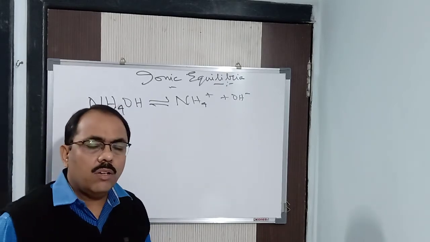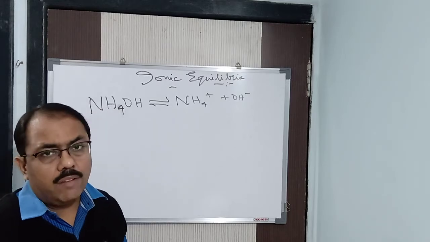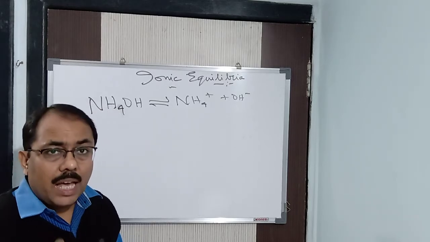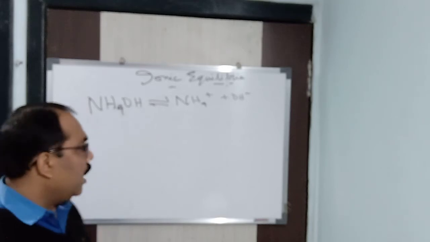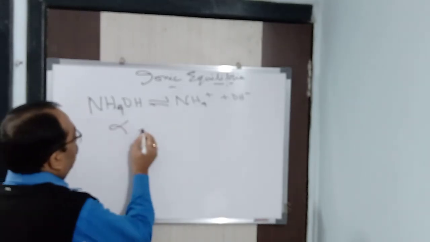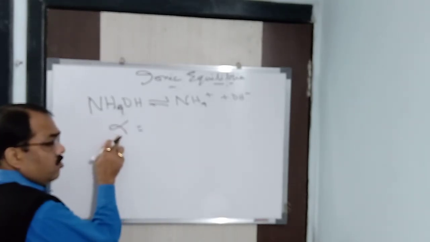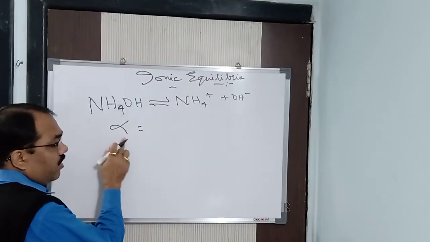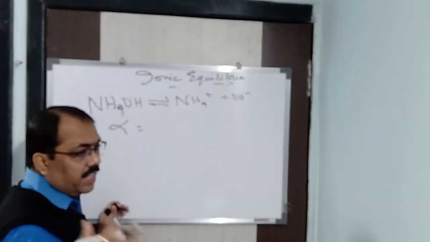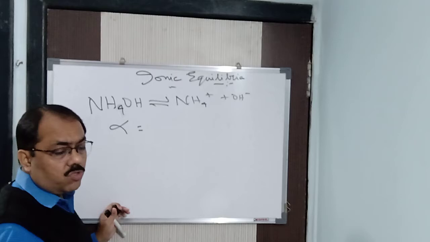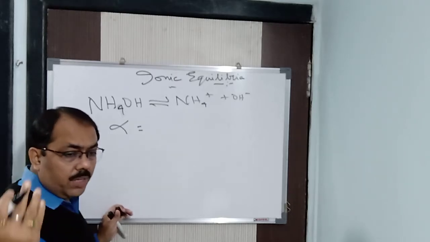Now, how do we calculate the degree of dissociation? Alpha is known as the degree of dissociation. If you take 100 molecules, 10 to 15 will dissociate and the remaining will be undissociated.